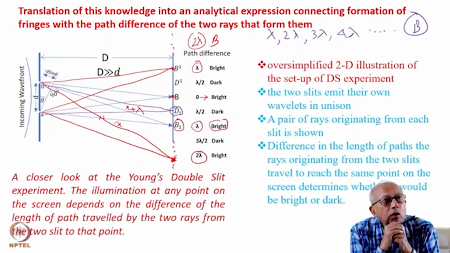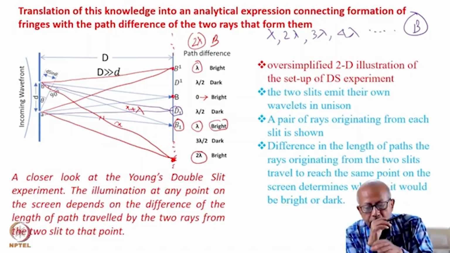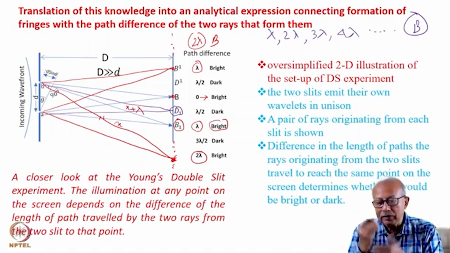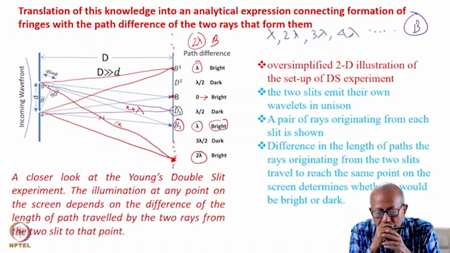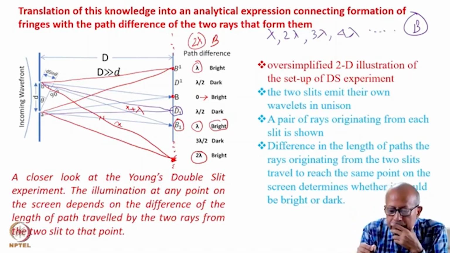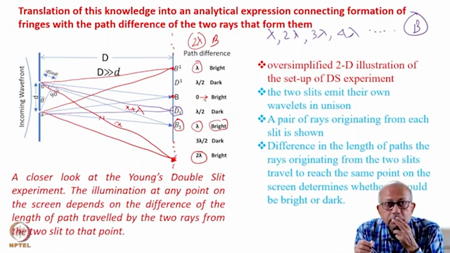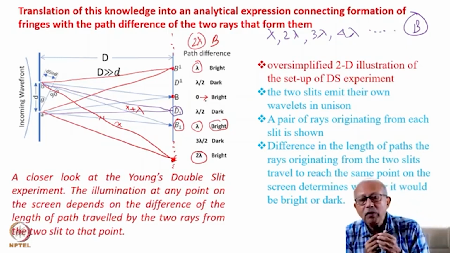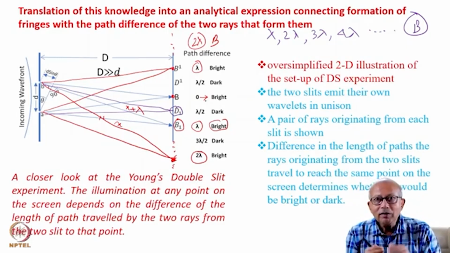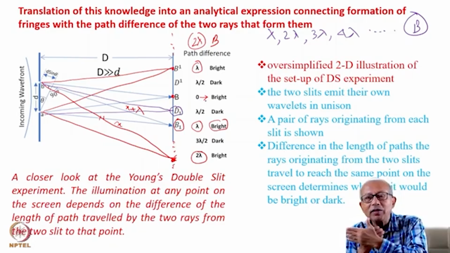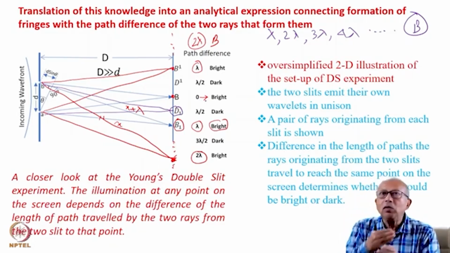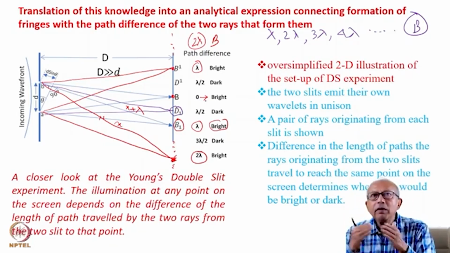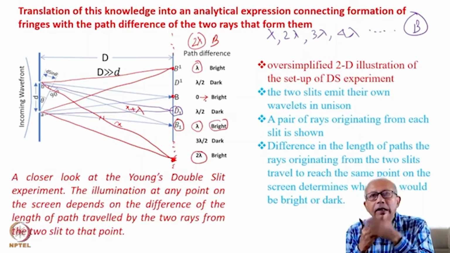And because they are out of phase, because they have interfered and annihilated, the intensity of the two waves is annihilated. When will they be out of phase? When one wave has traveled a distance which is half a wavelength more than the other. Only then will they be out of phase. I think you are able to appreciate this point.